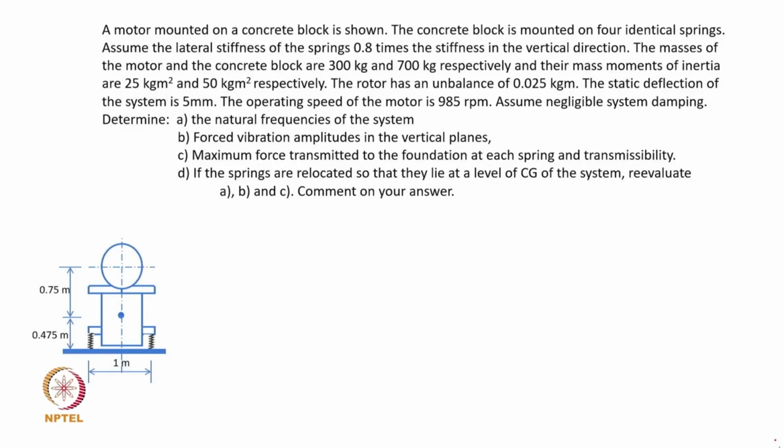Basically, it is asking us to figure out what are the natural frequencies of a system which is like a motor mounted on a concrete block that you see here, and this motor is generating excitation. Obviously, maybe the CG is located somewhere here, and it is quite similar to the box vibration case that we discussed a few slides back.